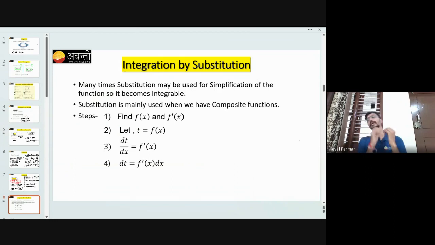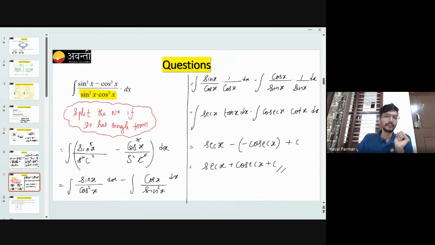So what we can do, as you can see from this example, this function as a whole was not integrable. What do I mean by integrable function? Integrable function means this function as a whole could not be directly integrated. We need to modify or simplify this function to make it integrable.